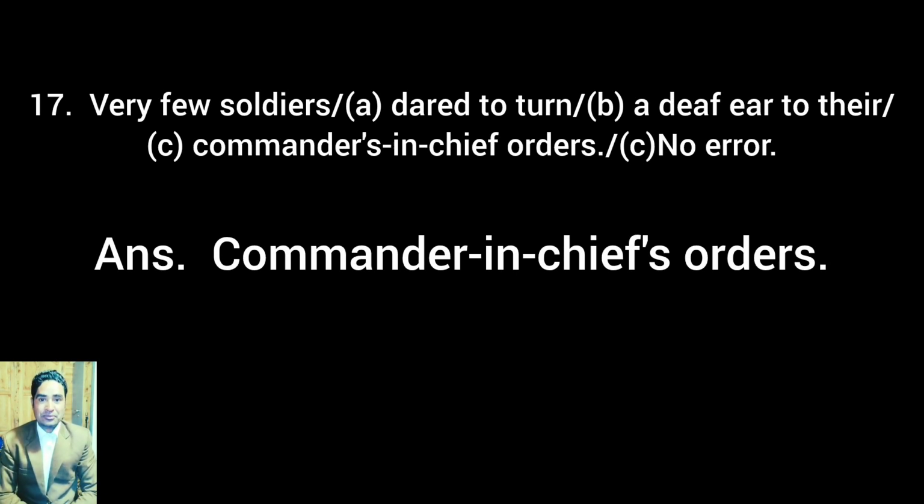Here the main noun in commander-in-chief is commander, so the plural is commanders-in-chief, only s. And when we talk about possession, commander-in-chief's orders, orders is the noun. So here we have to use apostrophe s at the end of the compound noun. Commander-in-chief's orders will be the correct answer. Let's move on to the next question.